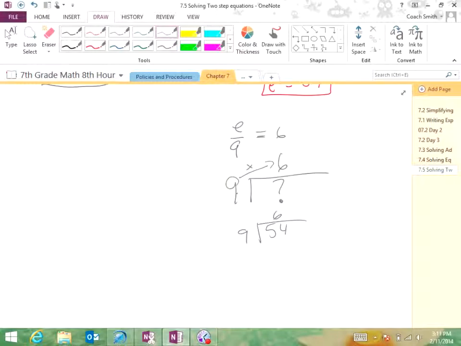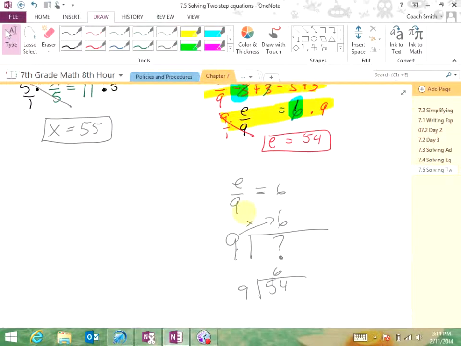Yeah, all we're doing is multiplying this times this. I'm just showing it like this so we can see that we're getting rid of it on the left side as well when we move it to the right side.